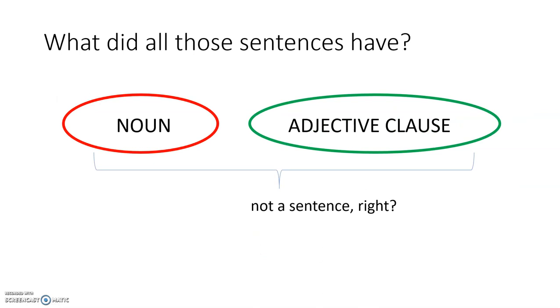Okay, so what did all those sentences have? They all had a noun followed by an adjective clause. And I just want to remind you, this is not a sentence, right? So the adjective clause gives more information about the noun, and it could be many words, but that is not a sentence. What is missing would be a main verb, a main clause, right?